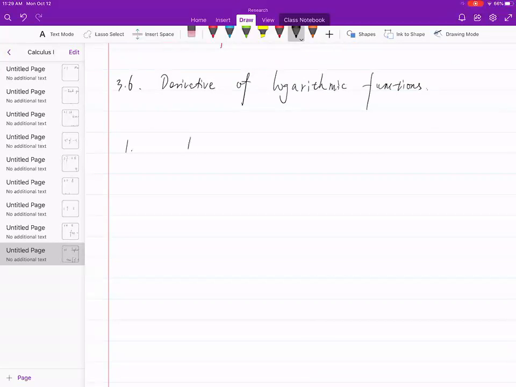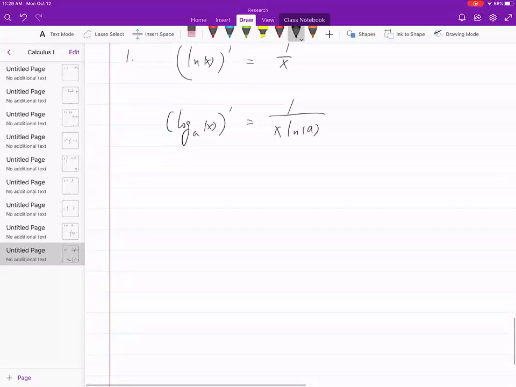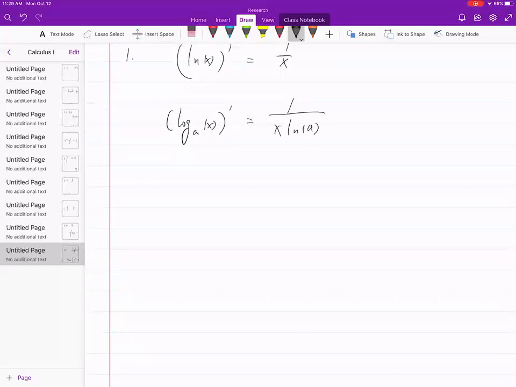We already know the formula. We did it ourselves using implicit differentiation. What we're interested in is actually the application of this. Let's see an example.